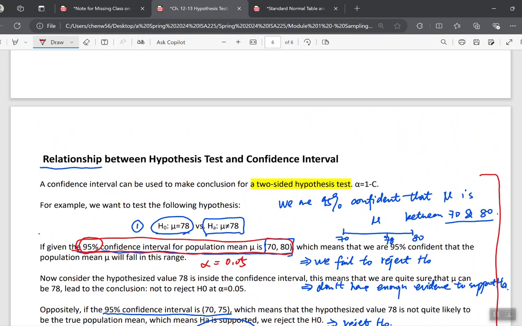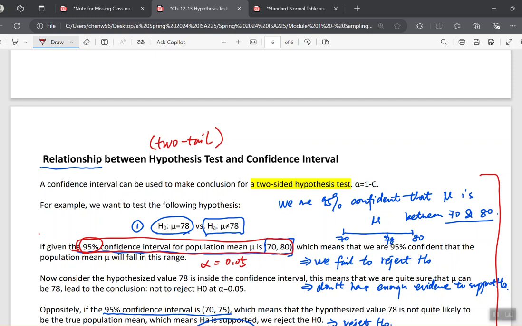The answer is no. All right, so remember the relationship between the hypothesis test and confidence interval only exists when this hypothesis test is a 2-tailed hypothesis. If this hypothesis test is a one-tailed hypothesis, then there's no relationship between the hypothesis test and confidence interval. Not at all. Why is that?